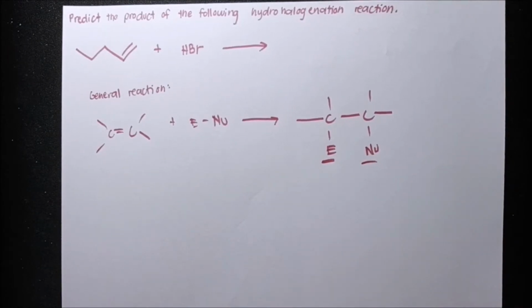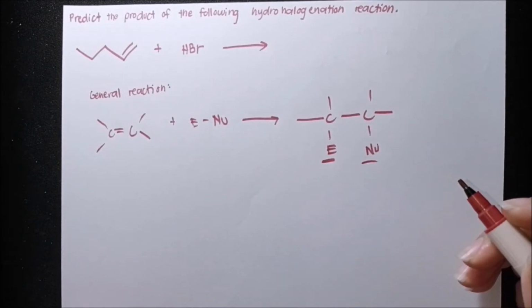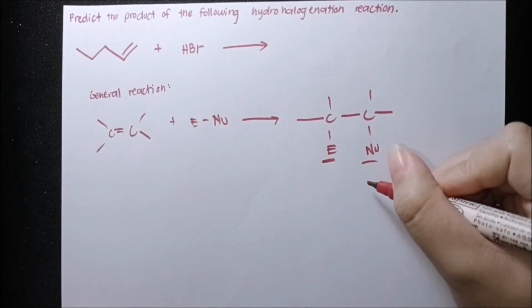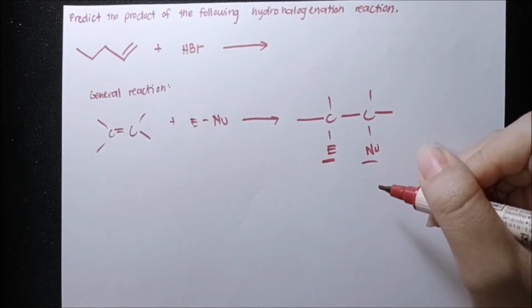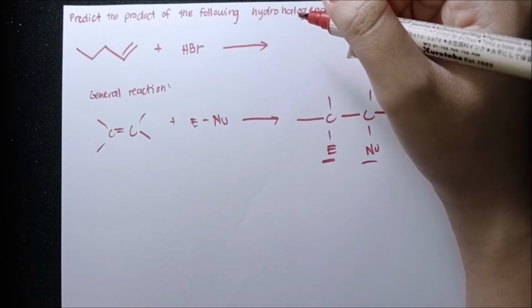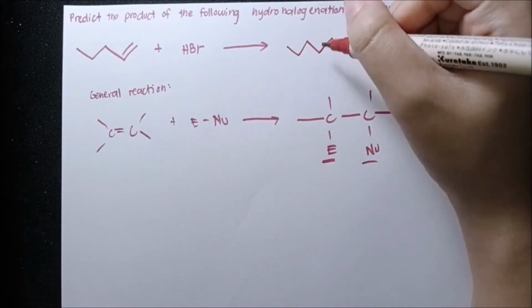We also know that hydrohalogenation reactions with bromine involved are highly regioselective, and so we will have a major product. From this, we can say that the major product of the reaction above is 2-bromopentane.